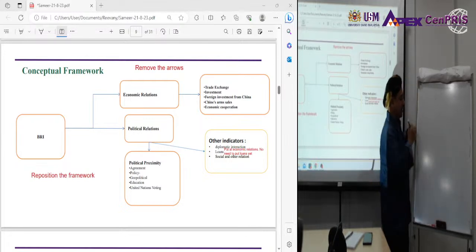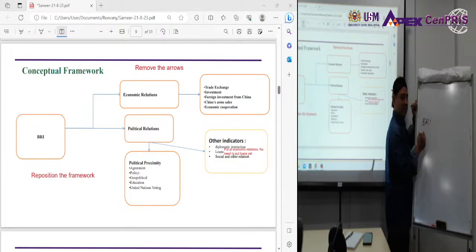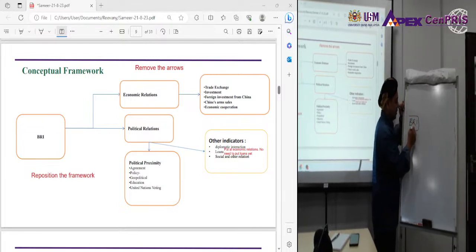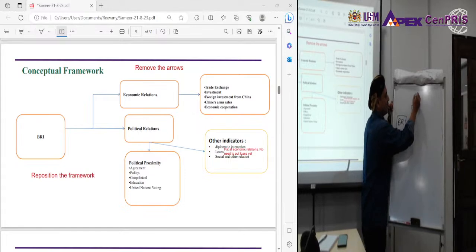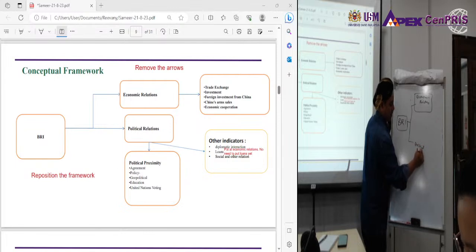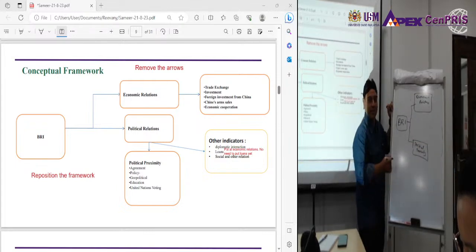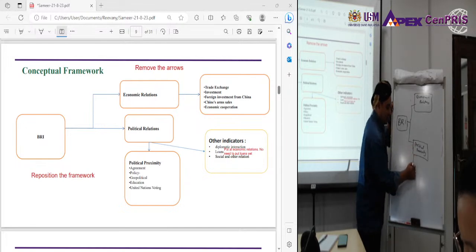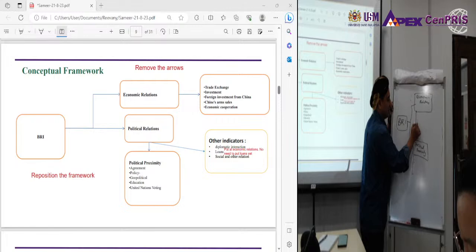You say BRI here, and that's a connection between economic relations and political proximity. That's it. And what is applicable for all those points there?